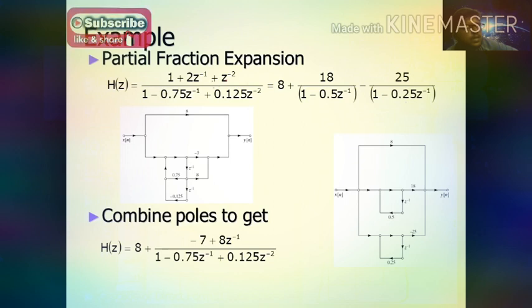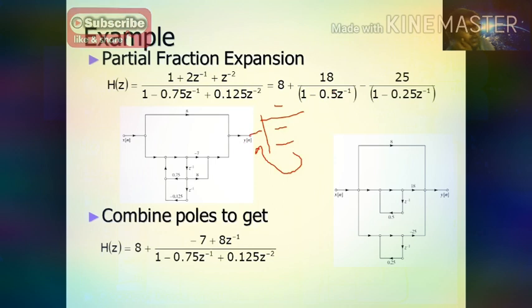For example, take this one as the numerator term and this one as the denominator term, and you put the coefficients like this. This one is the numerator part, this is the coefficient part. You add like this. When you substitute this condition, this one is the quotient, then you get the remainder part. The remainder is divided by this one, so this element plus the remainder by the quadratic part.